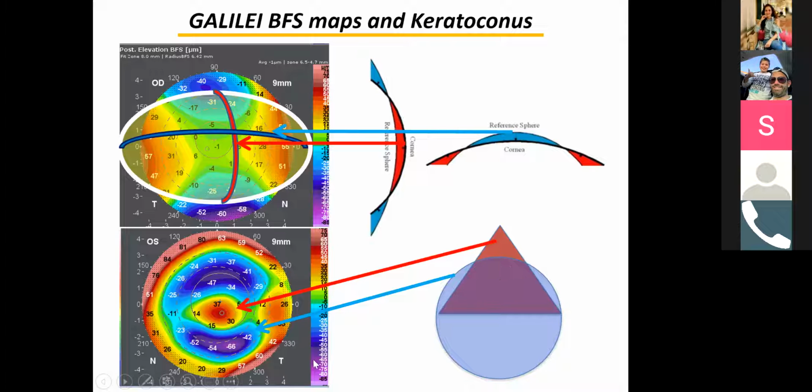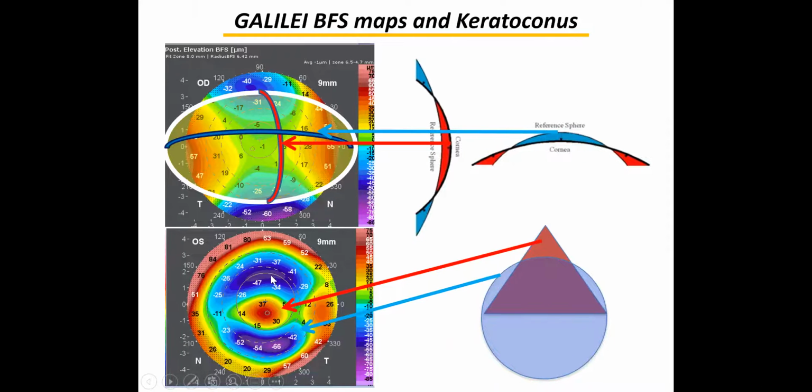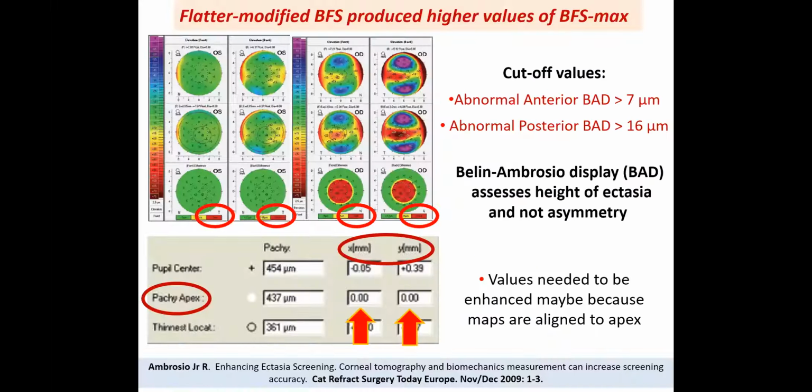The peak of the iceberg is surrounded by the lake or the sea around, because what is protruded is only the peak of the keratoconus there. So the higher the number here, the higher the elevation, the more protruded the lump or the ectasia.